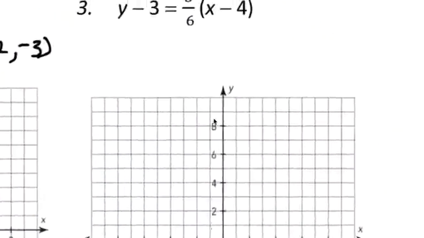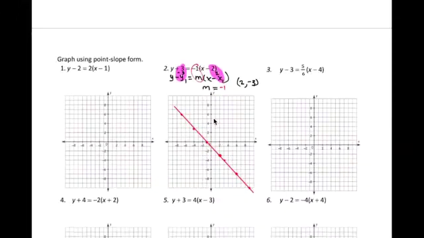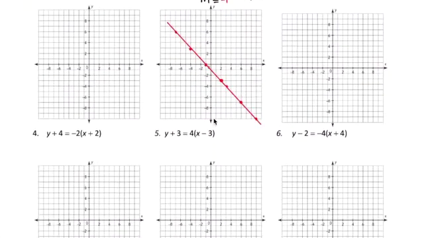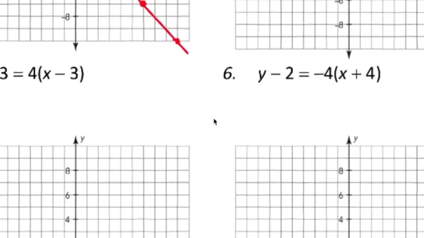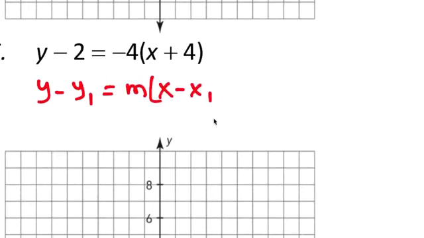Okay, again, slope formula is, I'll do the one with the plus in there, like this one. This one again, or number 6. y minus y sub 1 equals m parentheses x minus x sub 1.